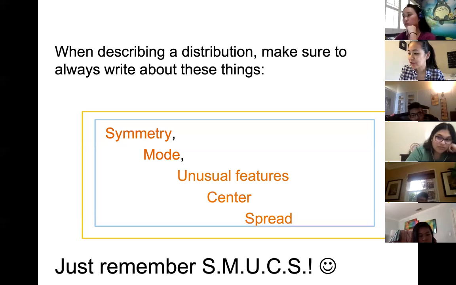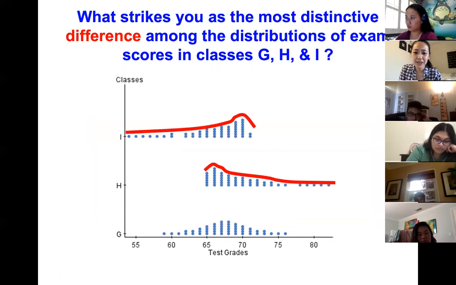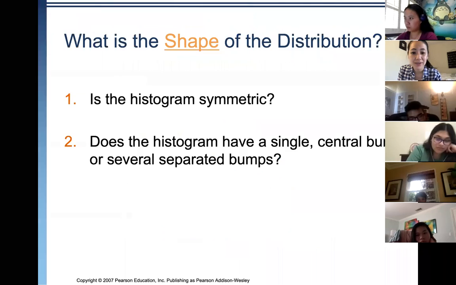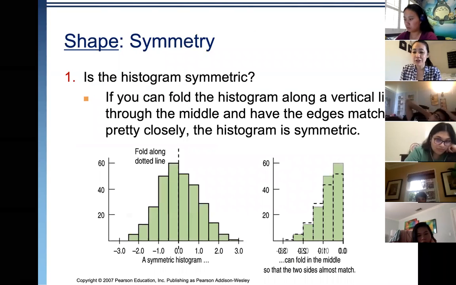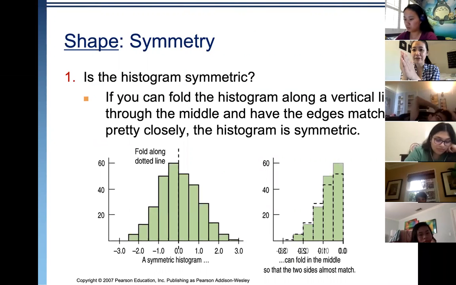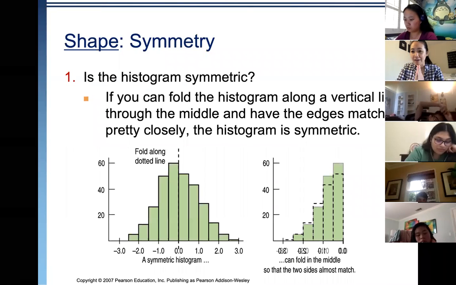All right, let's go through each one, starting with symmetry. If you look at these 3 examples, the last one is very symmetric, but the first 2 are not. Those are considered skewed. Symmetry basically means that if you can fold the graph in half and the halves match, that's symmetric.